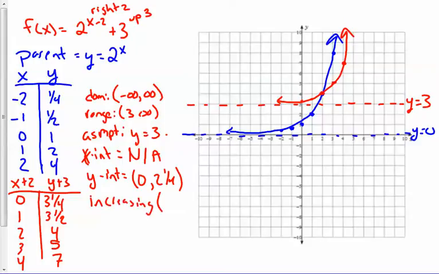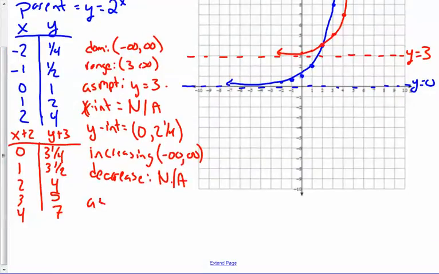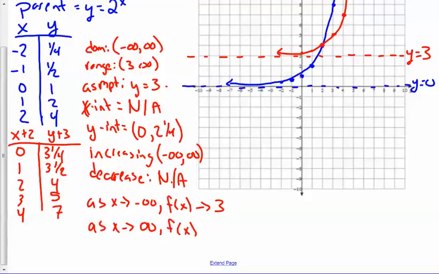Well, this one is increasing, again, from negative infinity to infinity, and it doesn't decrease at all. And the end behavior for this would be as x approaches negative infinity, f of x approaches 3. As x approaches positive infinity, f of x approaches positive infinity.